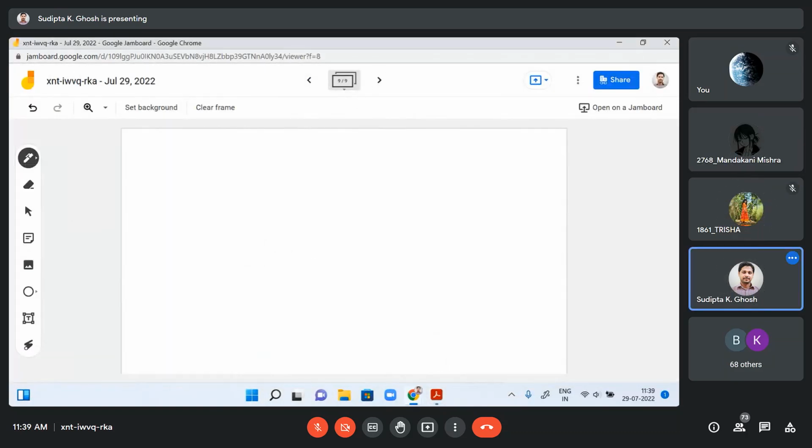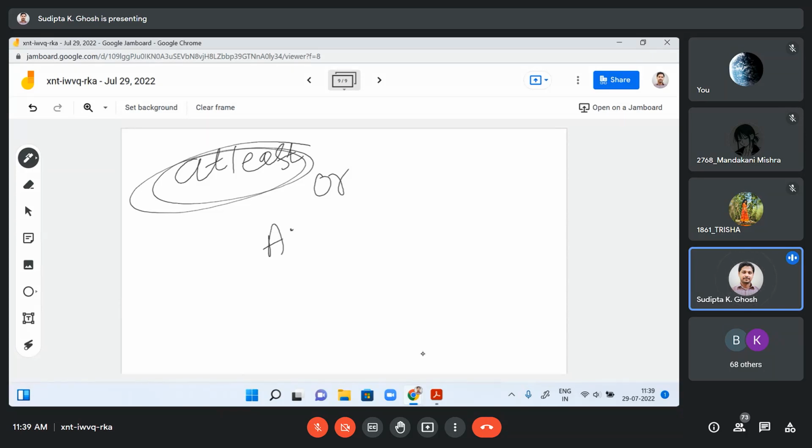Whenever I am writing the term at least, be careful, that means the or term is involved. So either A or B or C, that means union. That probability you have to calculate.